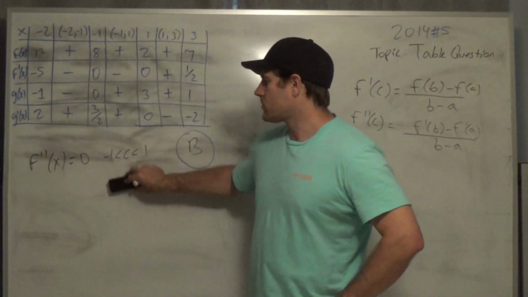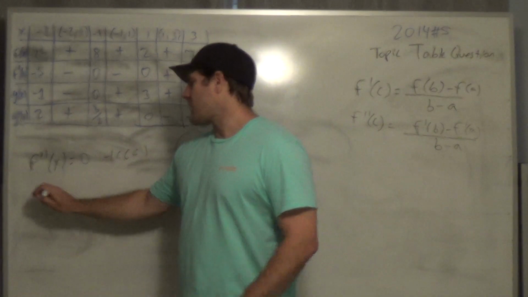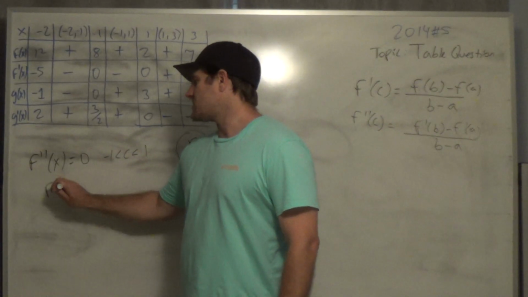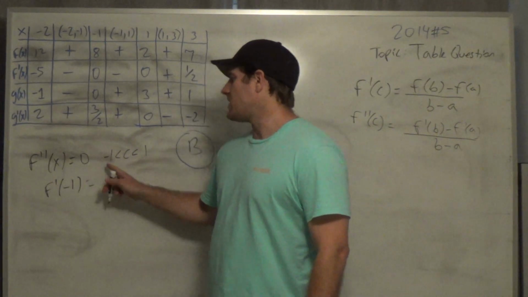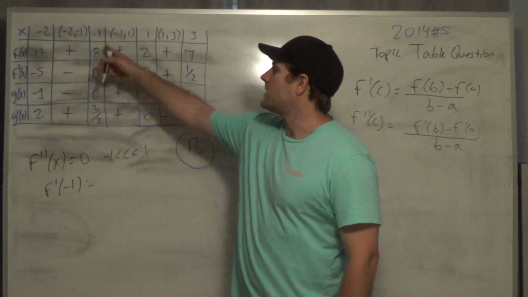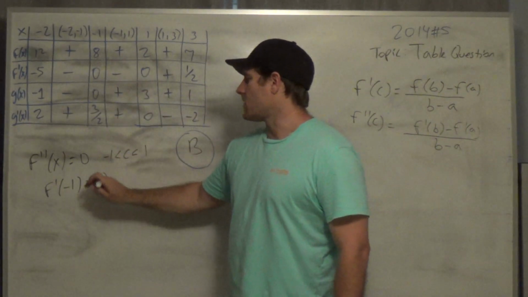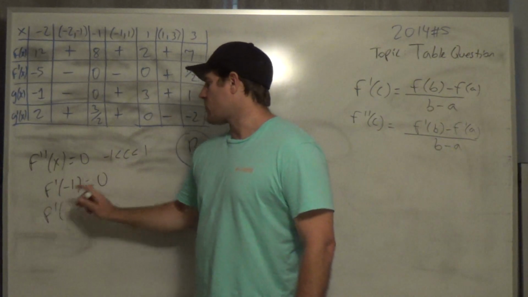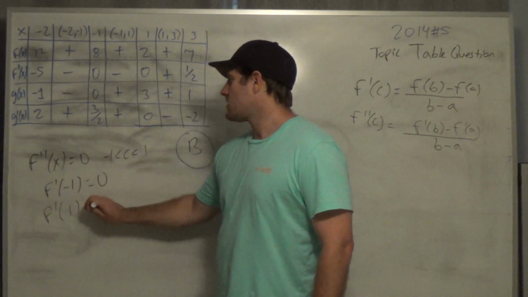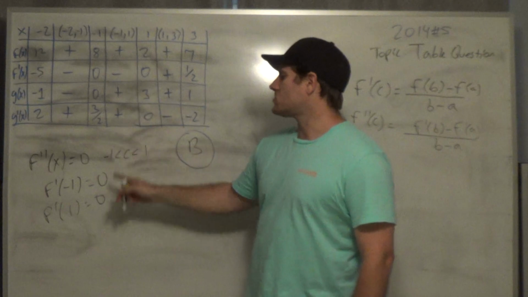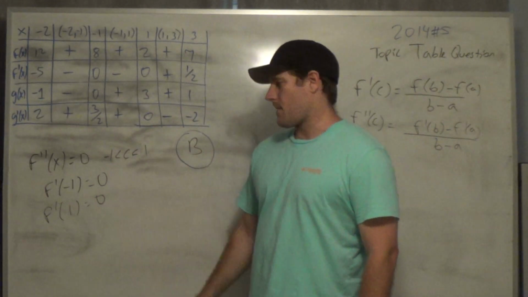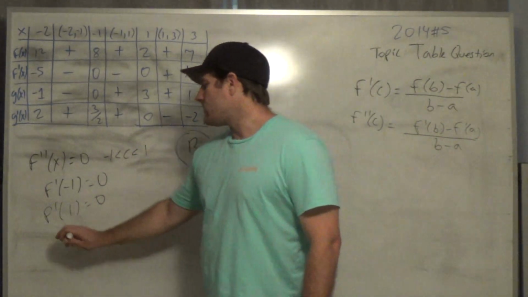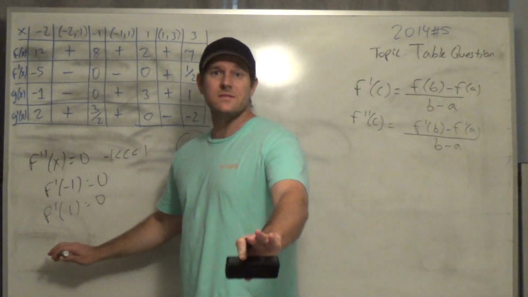So, if we're looking in the graph of f prime, what is f prime -1? F prime -1 is 0, and f prime 1 is also 0.